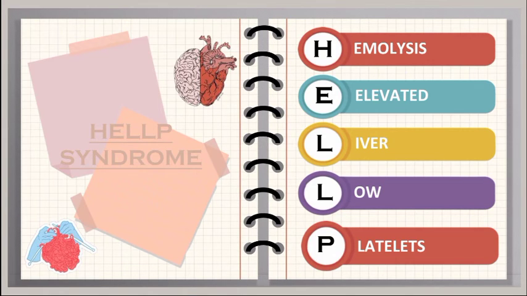So now let's proceed to HELLP syndrome. HELLP syndrome is a variety of pregnancy-induced hypertension named for the common symptoms that occur, such as hemolysis, elevated liver enzymes, and low platelets.